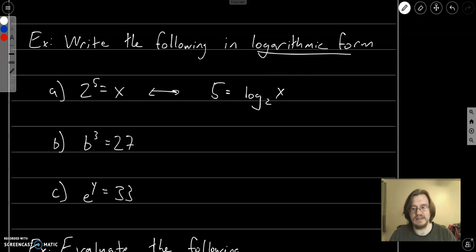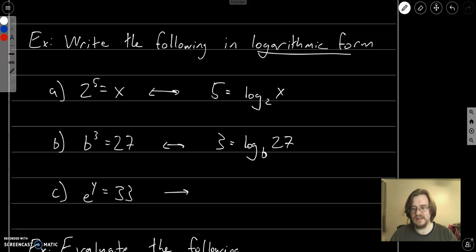These guys mean the same thing. Here, this base raised to the third power is 27. So I'm looking at a log base b, and I'm bringing the exponent down, so this is going to be 3 is equal to log base b of 27.